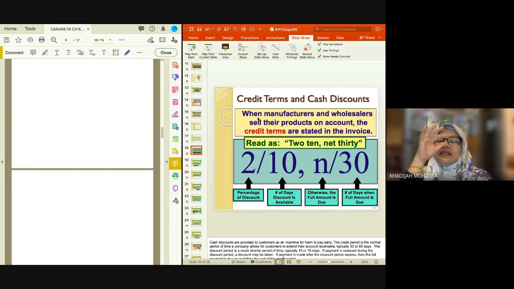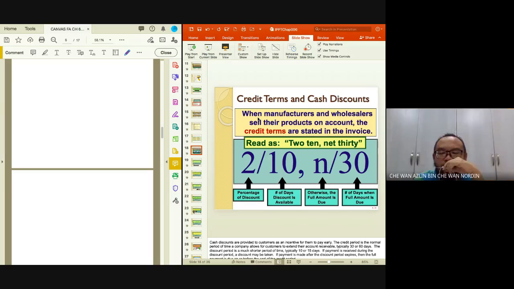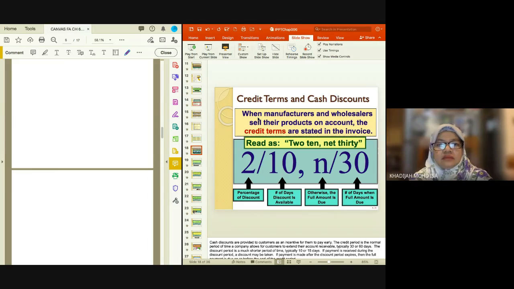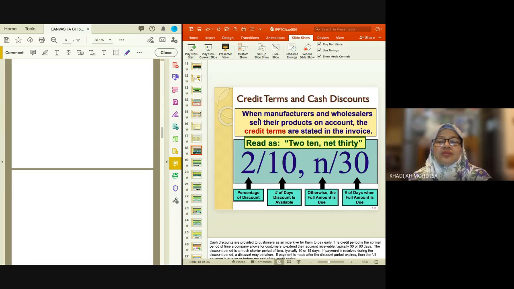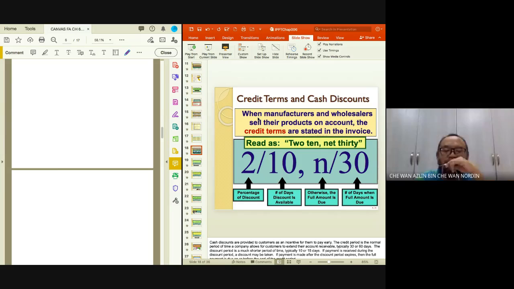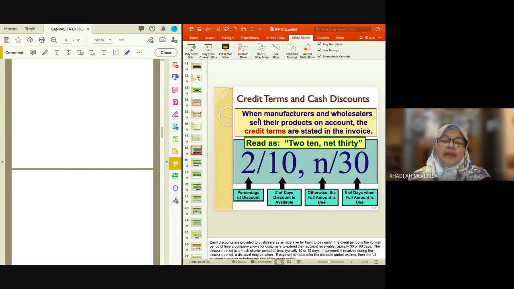So let's say the cost of what you buy from the supplier is 100. If you pay your supplier within 30 days, no discount. Within 10 days only, you get the discount. So if you pay within 10 days, assuming that you have to pay them 100, because you pay within 10 days, then you only have to pay 98.